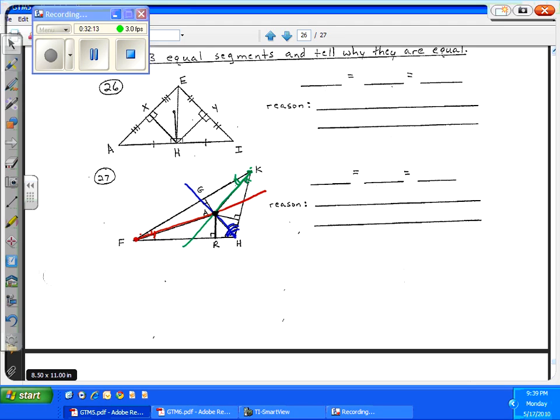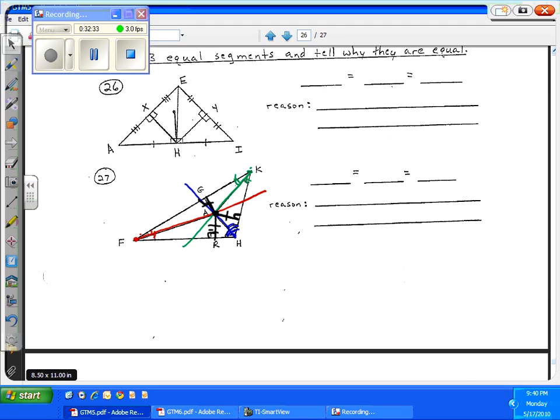So the distance from A to this side, which is that perpendicular distance, is equal to the distance from A to this side, which is that perpendicular distance, which is equal to the distance from A to this side, which is that perpendicular distance. Okay?